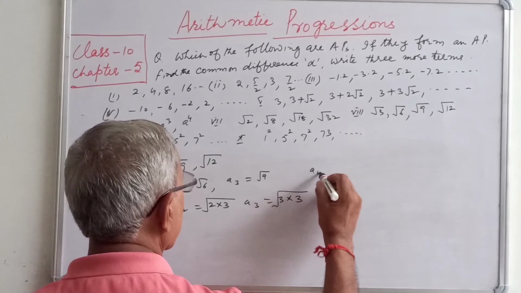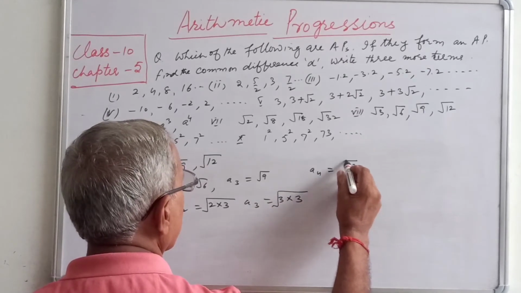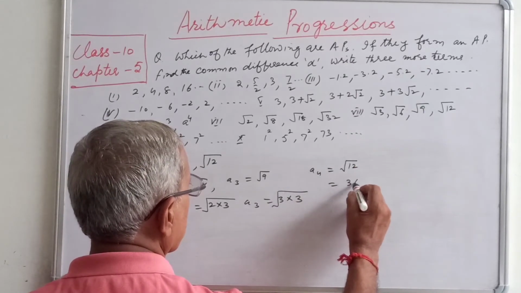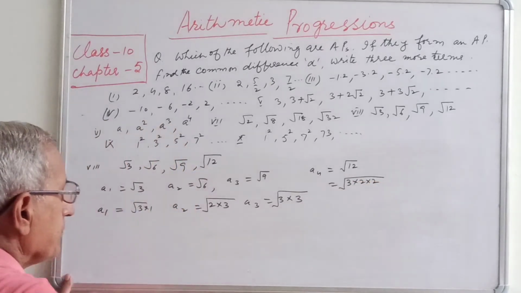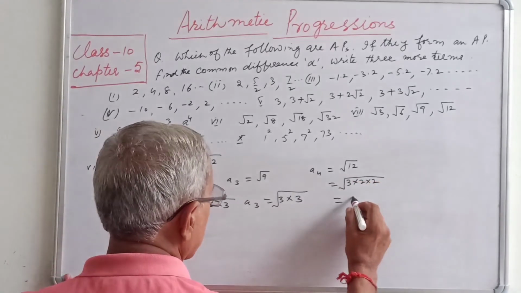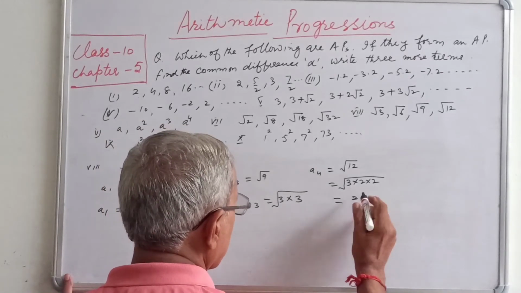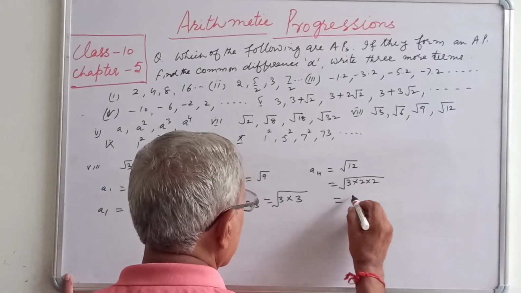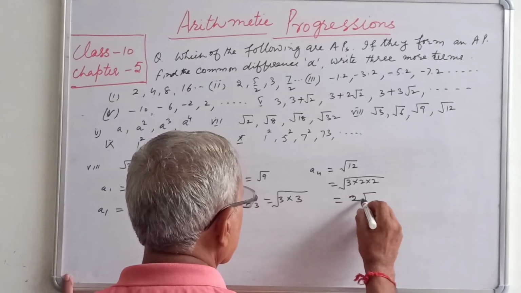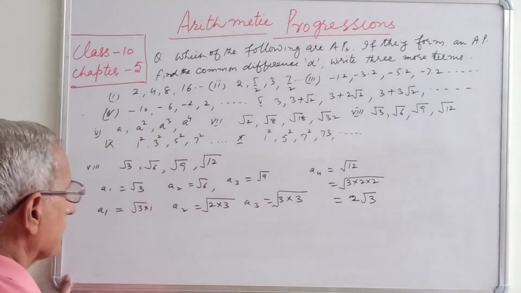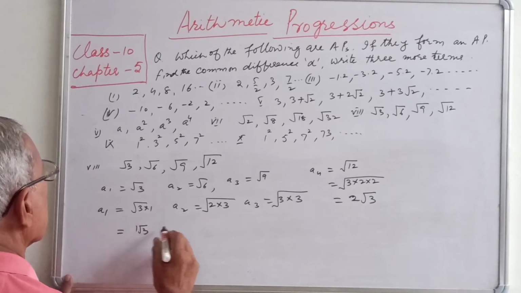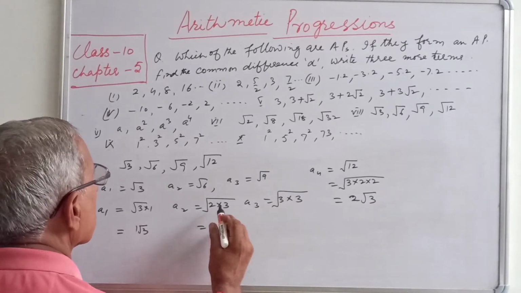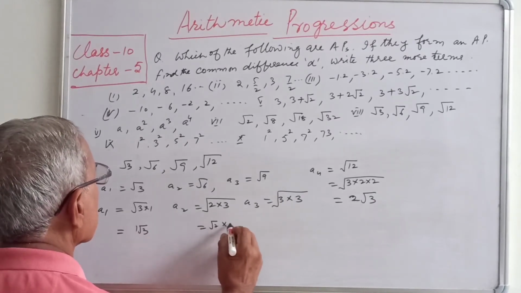और A4 जो है वो है अंडर रूट 12, सो 3 इंटू 2 इंटू 2, तो बन गया 2 अंडर रूट 3. तो ये बना 1 अंडर रूट 3, ये बना अंडर रूट 2 इंटू अंडर रूट 3.